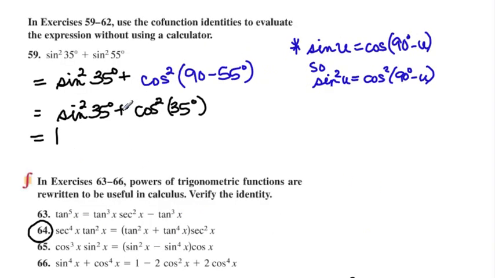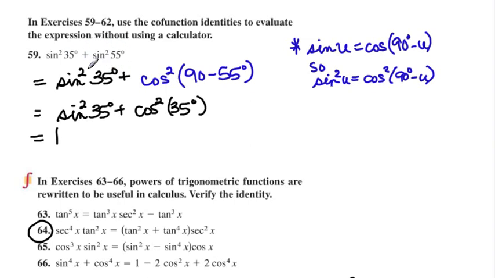Now, in the next set of problems, we want to use the cofunction identities to evaluate the expression without using a calculator. So we're looking at sine squared of 35 degrees plus sine squared of 55 degrees. Well, how do 55 and 35 relate? Well, they are 90 minus the other, right?